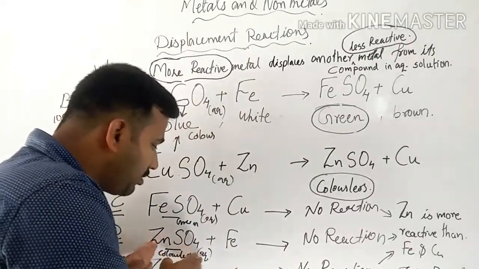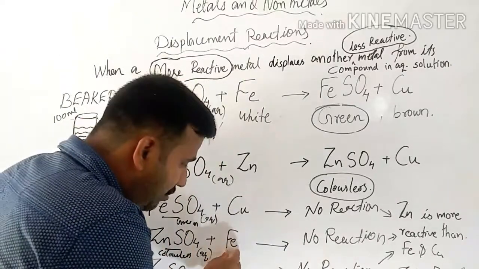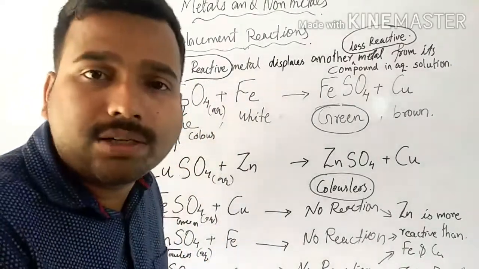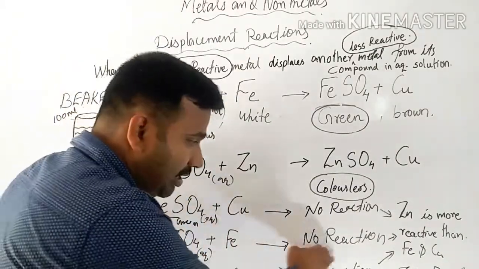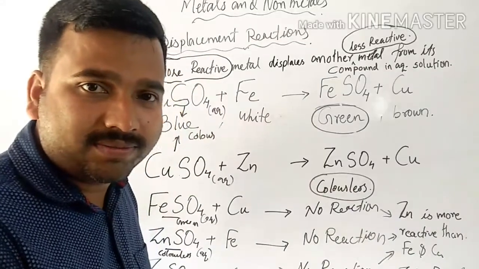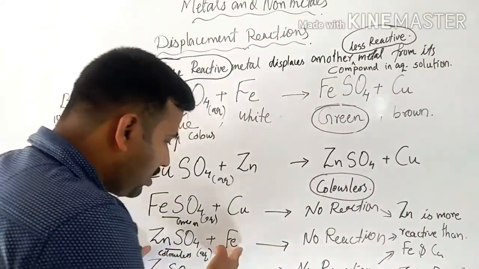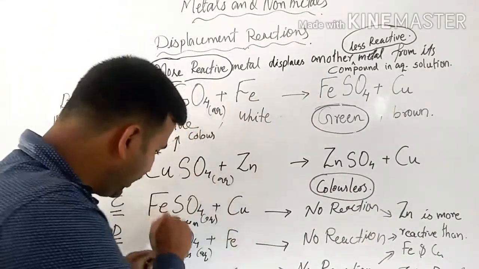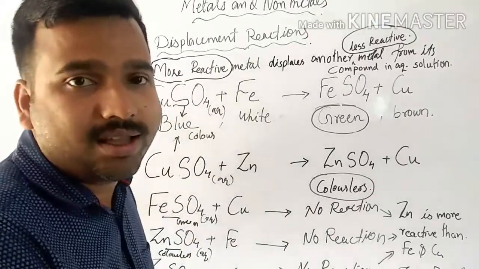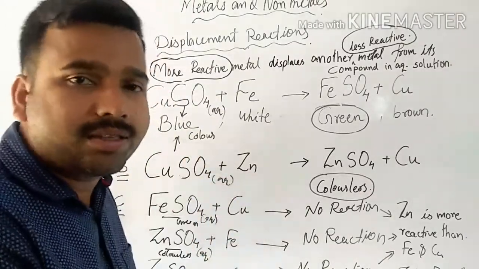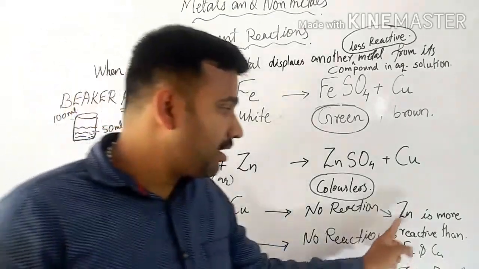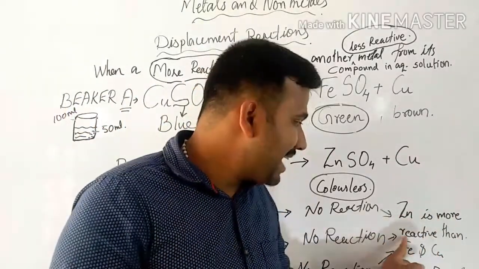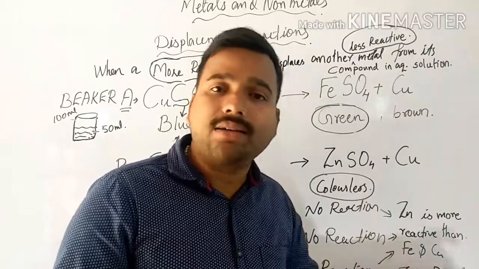If you keep an iron nail in zinc sulfate solution, what will you observe? There is no color change. That means an iron nail cannot displace zinc from zinc sulfate solution. So zinc is more reactive than iron and copper.